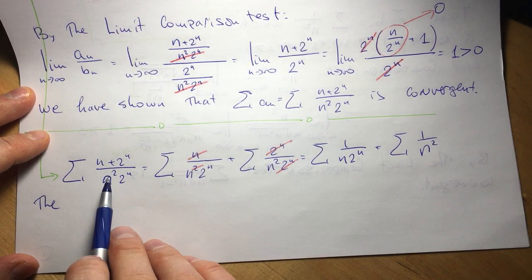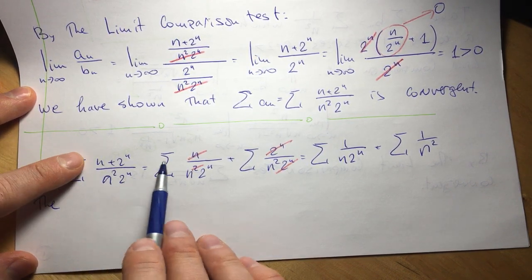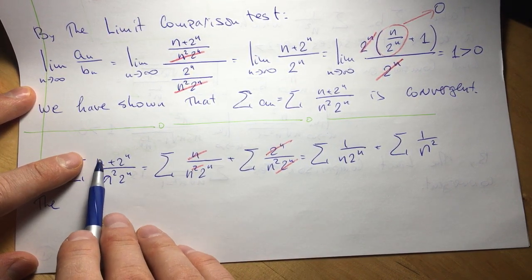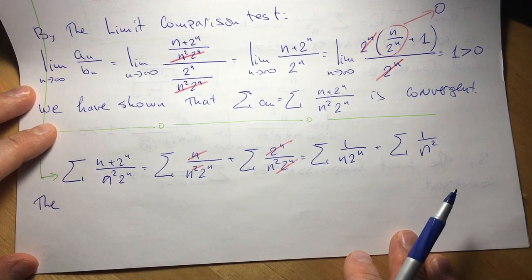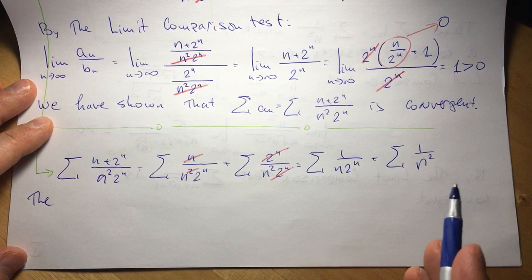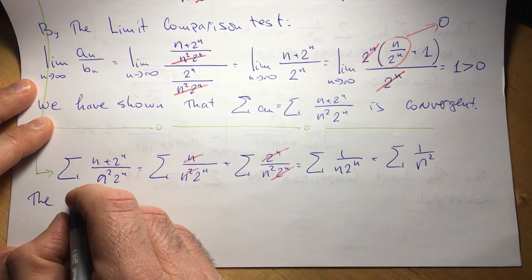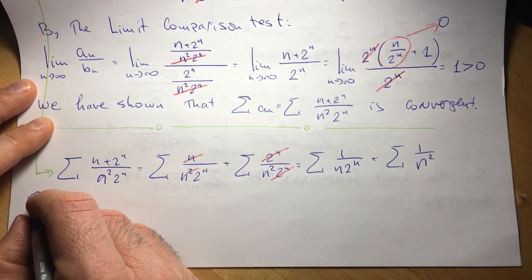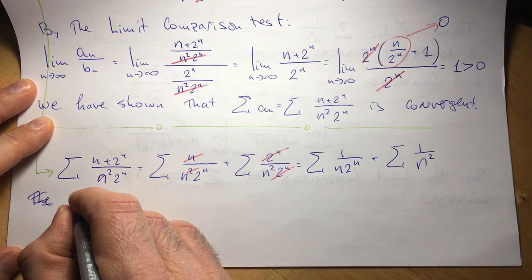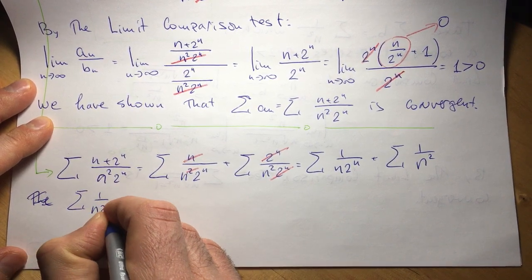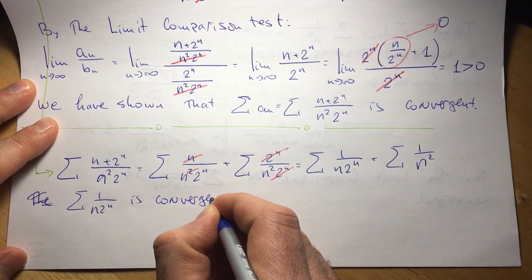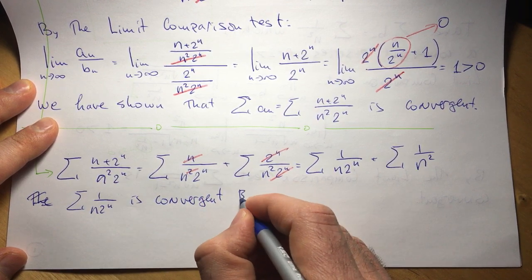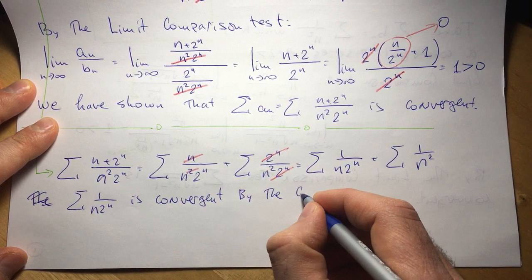I'm just going to start the same problem by splitting these two terms, right? This is a sum, so I can express this as two different fractions here. So the first sum, this one, 1 over n 2 to the power n, is convergent by the comparison test.